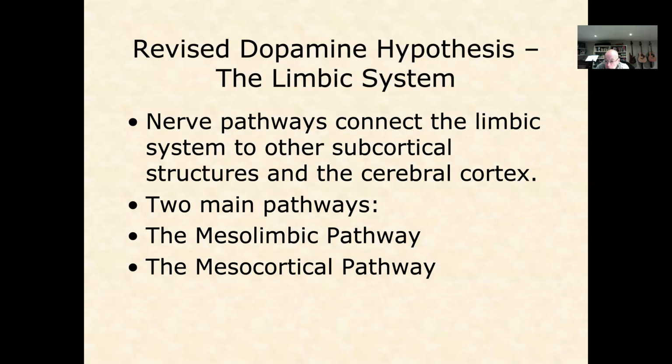And also there's a pathway that transmits from the limbic system all the way up to the cerebral cortex. So these two pathways are called the mesolimbic pathway, which is connecting bits within the limbic system, then the mesocortical pathway, which connects the limbic system to the cerebral cortex itself.